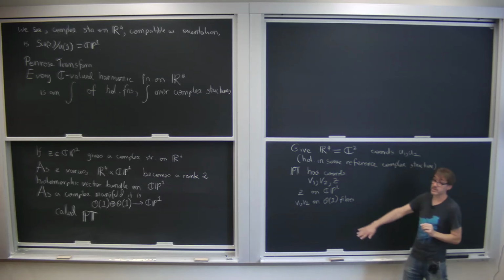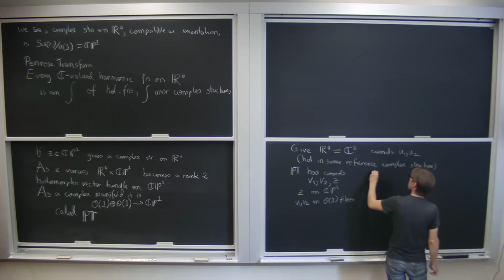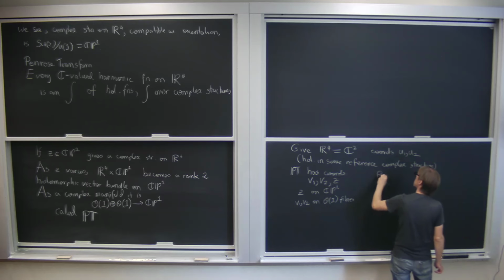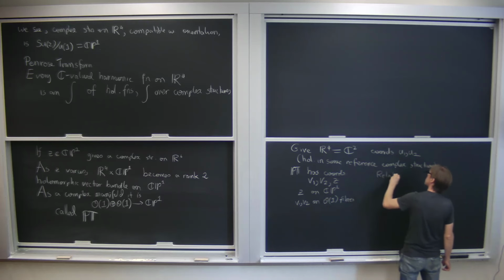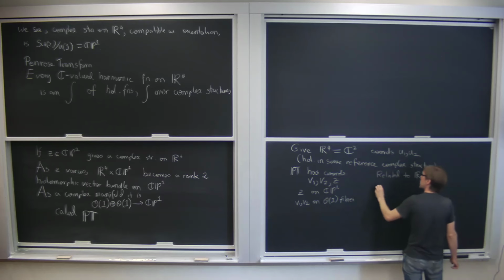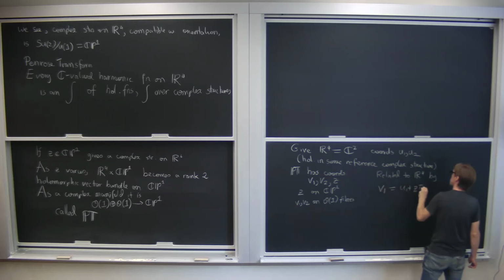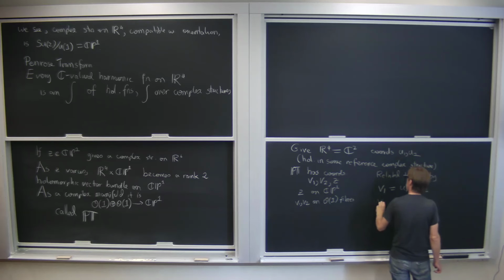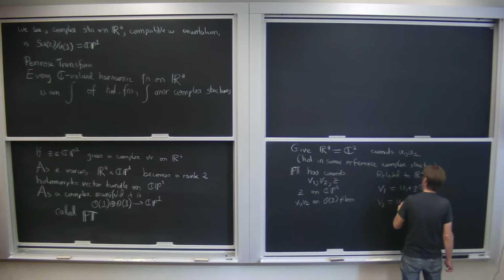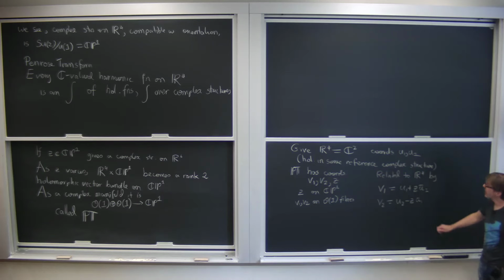These are just coordinates in a patch, and they are related to the coordinates on R4 by V1 = U1 + Z Ū2, and similarly V2 = U2 - Z Ū1.